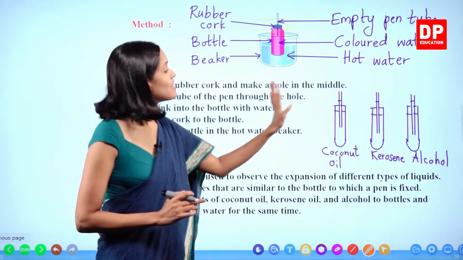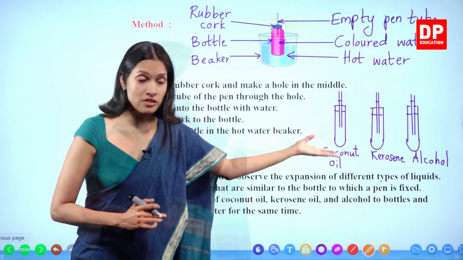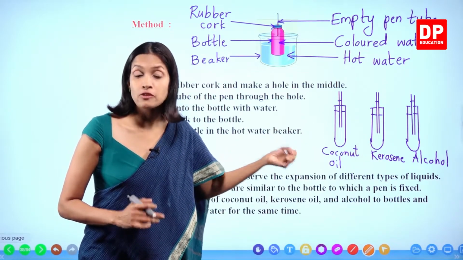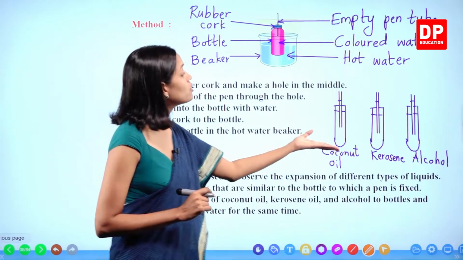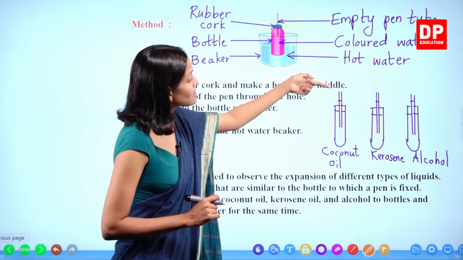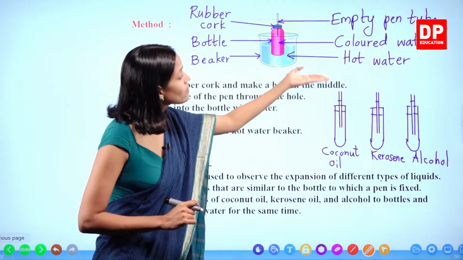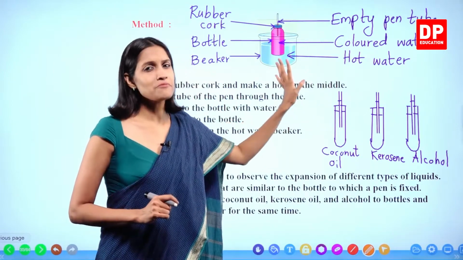Right, children? There what happened, children? Again, because of expansion. Now, these 3 liquids absorb heat and they expand, which means the volume increases. Right? So, when the volume increases, what happens? These levels go up inside the empty pen tubes. The liquid levels go up. But did they go up in the same way, children?